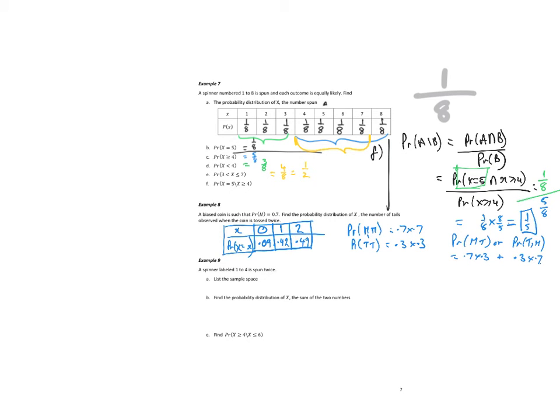What about a spinner that's labelled 1 to 4? It's spun twice. So what does that mean? This is the sample space.